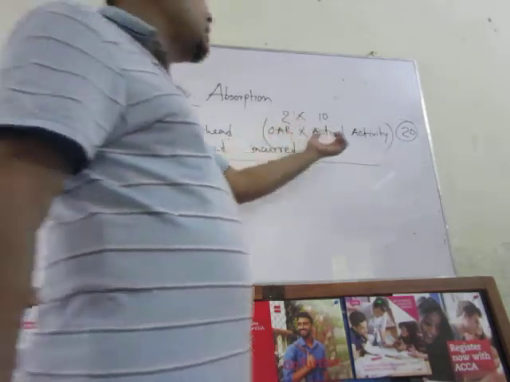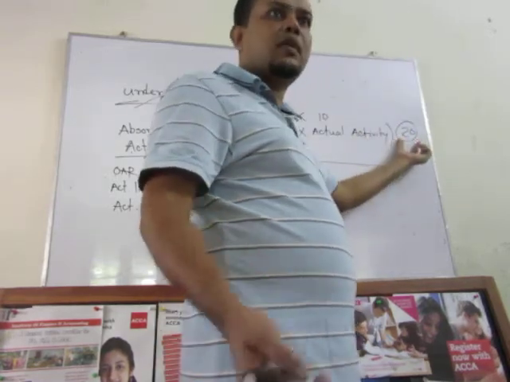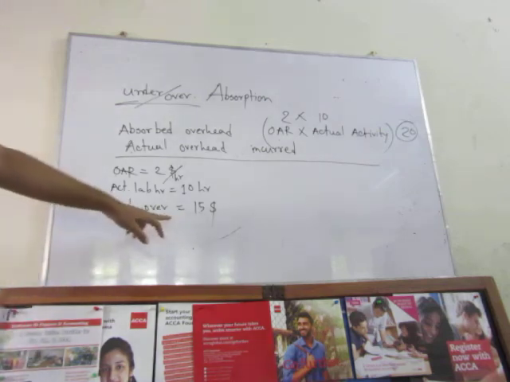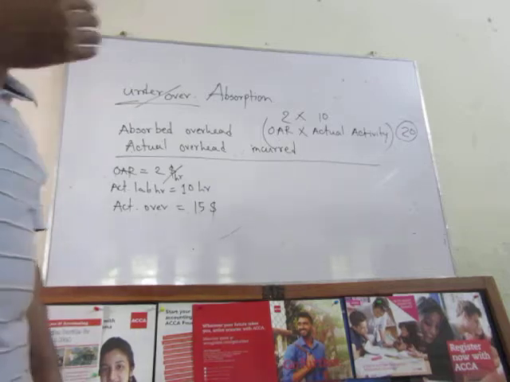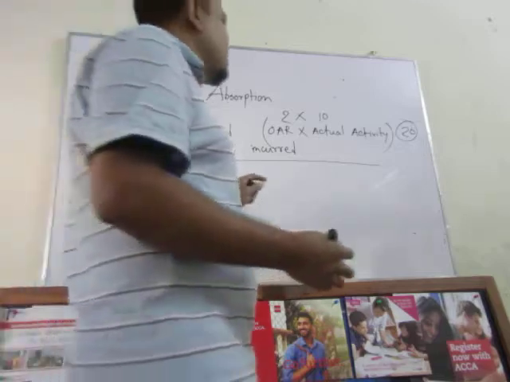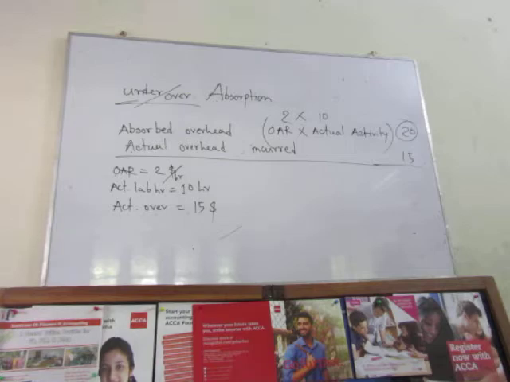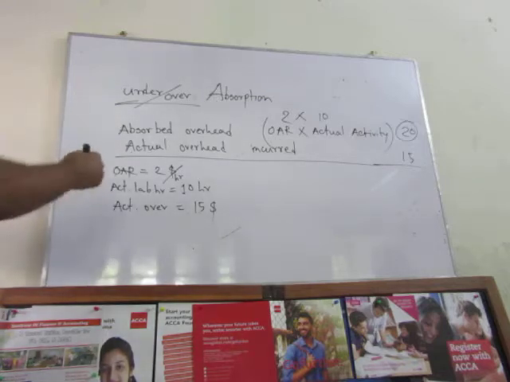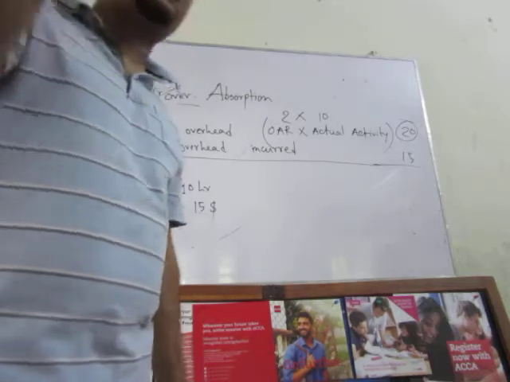That is in this actual hour I am expecting the cost may be $20. But actual cost incurred, actual overhead you can find this end of the activity. Activity যখন শেষ হয়ে যাবে তখন জানেন, right? So end of the activity your actual overhead incurred 15. এখানে মনে রাখবা, we have to compare our absorbed overhead, compare absorbed with actual, whether my absorbed or whether my expectation is under or over.